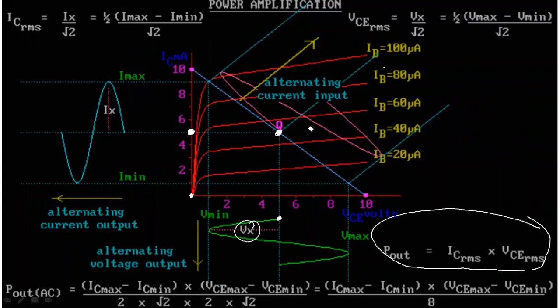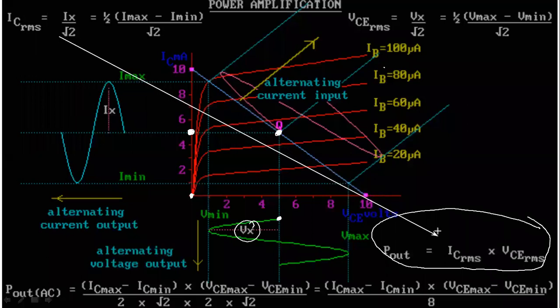Then if you substitute this I RMS, you have the equation here. You have a derived equation for I RMS and you have an equation for VCE RMS. Then you can compute the AC power delivered to the load. This one represents the AC power delivered to the load.